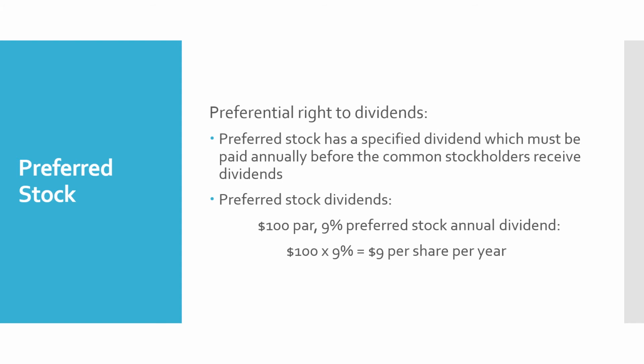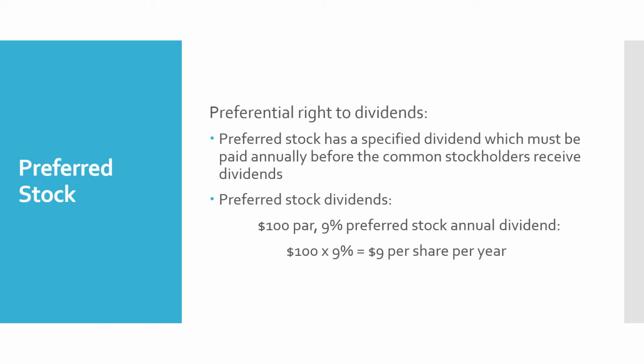So in terms of this preferential right to dividends, preferred stock has a specified dividend which must be paid annually before the common shareholders receive dividends. So typically, this specified dividend is going to be a percentage of the par value. Preferred stocks typically have larger par values than common shares, so a $100 par value is pretty standard.